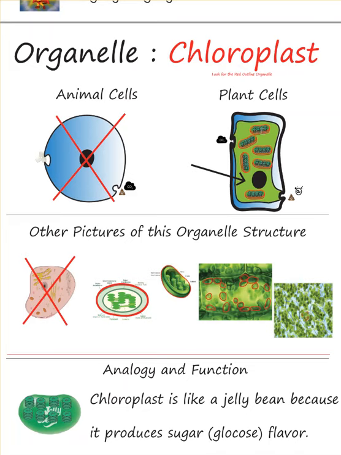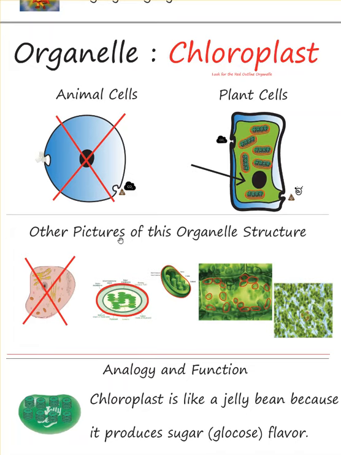That's what makes plants green, the stuff inside. But the chloroplast is the whole organelle here. And they're responsible for producing sugar. And then we're going to show you how that works later on as well.